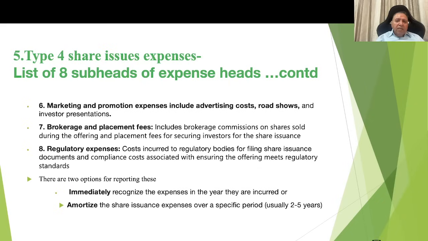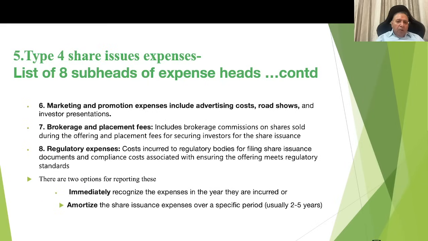Marketing and promotion expenses such as road shows, advertising cost and investor presentations. Brokerage and placement fees, which includes brokerage and commission on shares sold. Regulatory expenses, point number 8, cost incurred to regulatory bodies for filing share issuance documents and compliance costs.